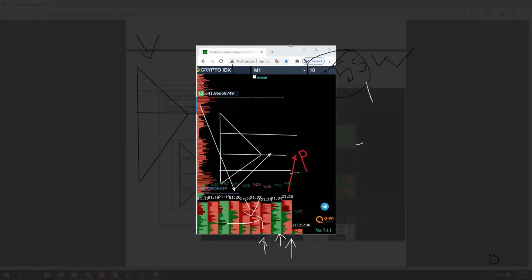When we see the POC point and we get the confirmation candle from here, then we will open our deal for downtrend. It's a down signal. Got it? Yes, for the downtrend, for the B-shaped distribution curve analysis.